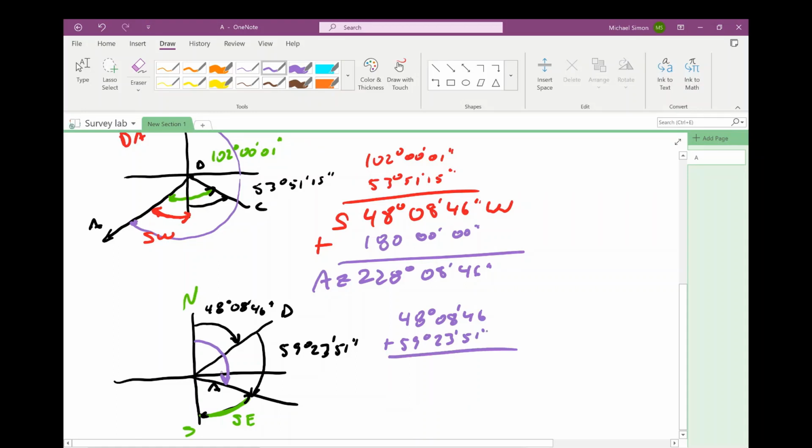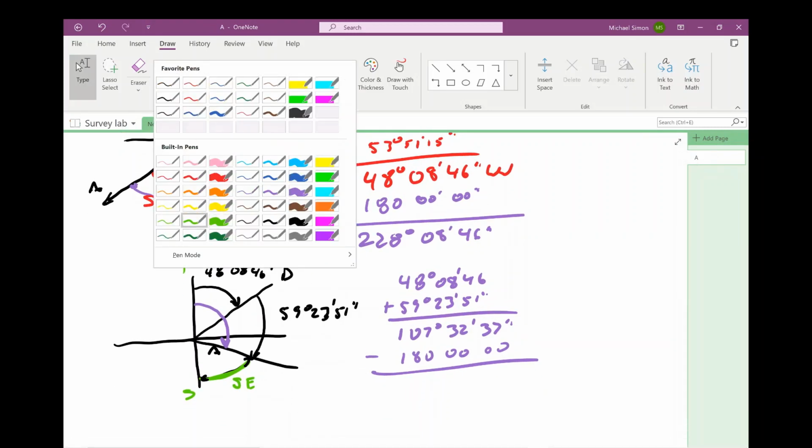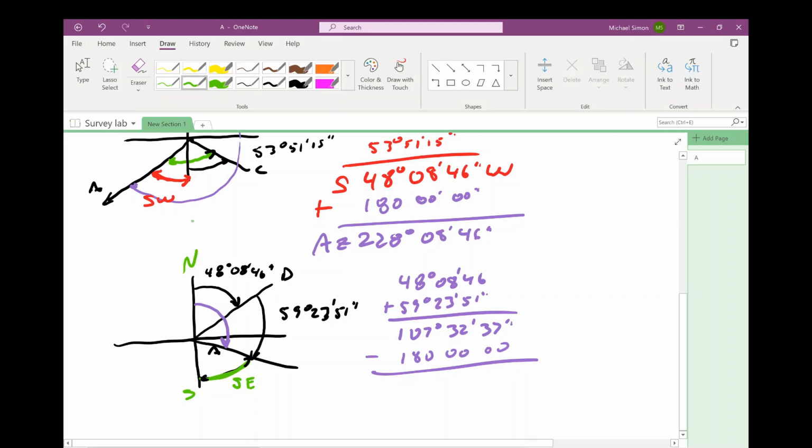So that's going to be 48, 8, 46, plus 59, 23, 51. That gives me an azimuth of 107, 32, 37. If I subtract that from 180, that gives me a bearing of 72 degrees, 27 minutes, 23 seconds southeast. Okay.